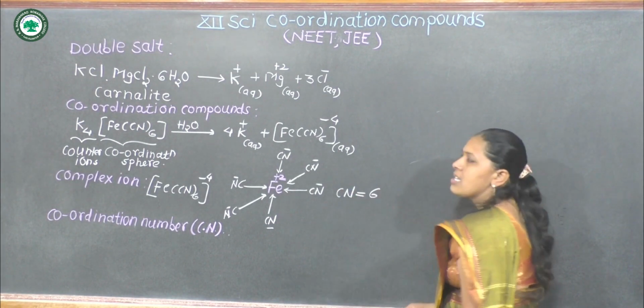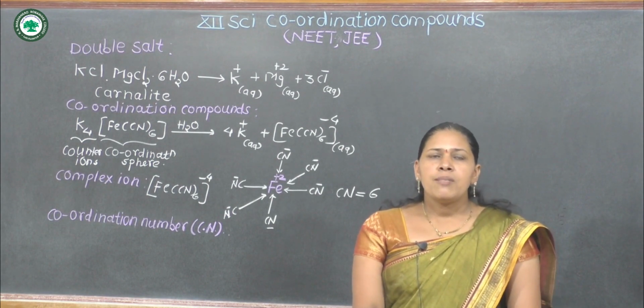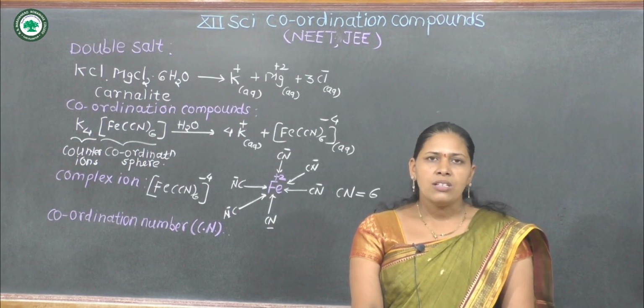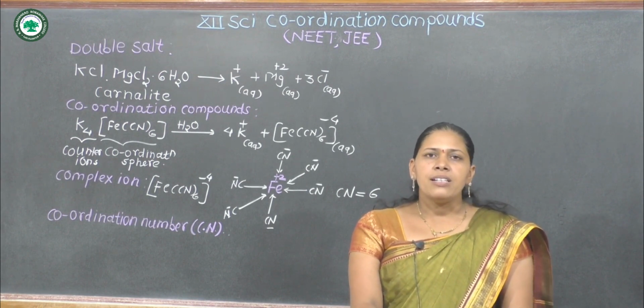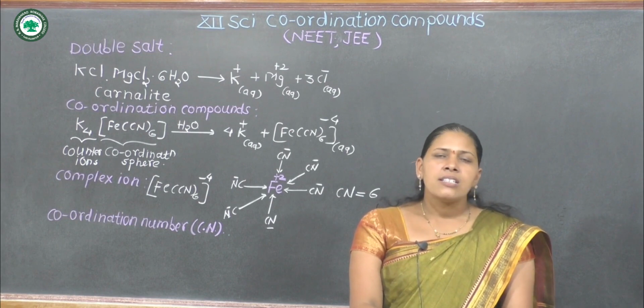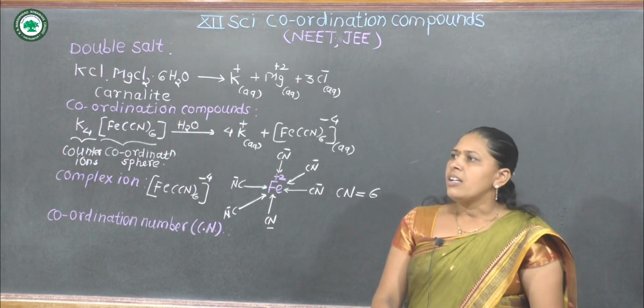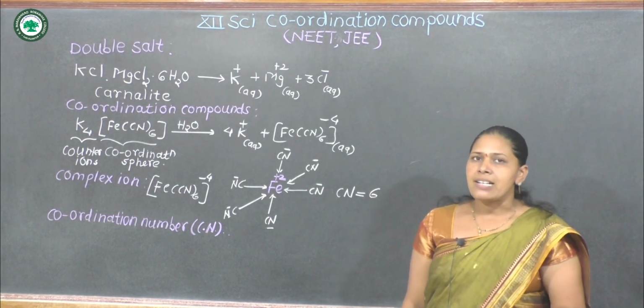Coordination number depends on the number of coordinate covalent bonds formed by the central metal ion, or it is also called the number of electron pairs donated by ligands.